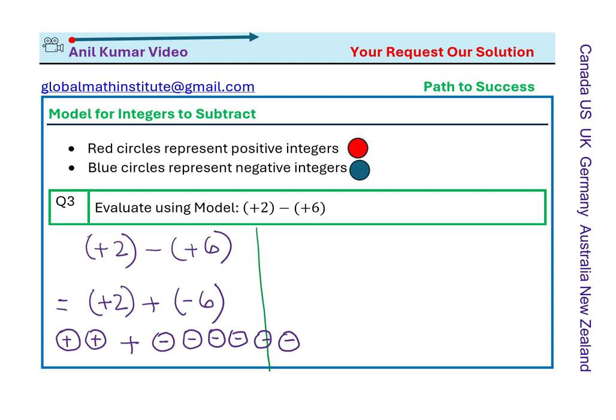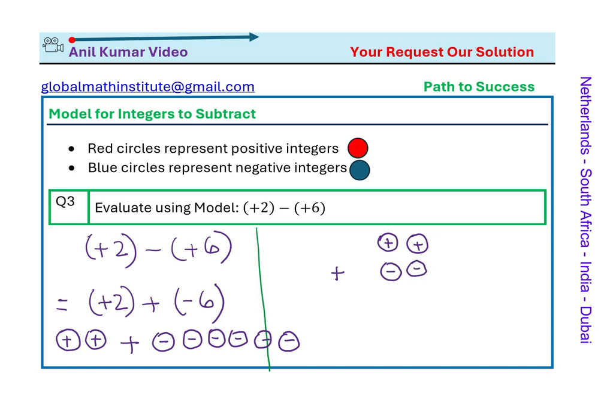Now, once we have this, we can have zero principle, right? So let's extend it to the right hand side to show you exactly how we are going to do. So we are rearranging. We have these plus 2, right? And to this, we are adding minus 6. 1, 2, 3, 4, 5, 6.